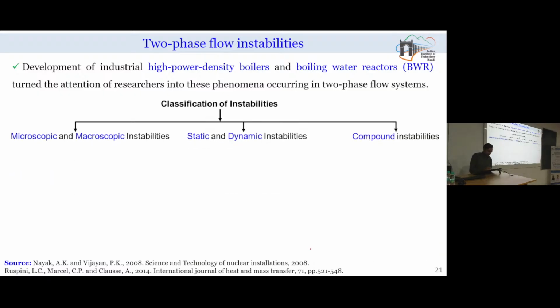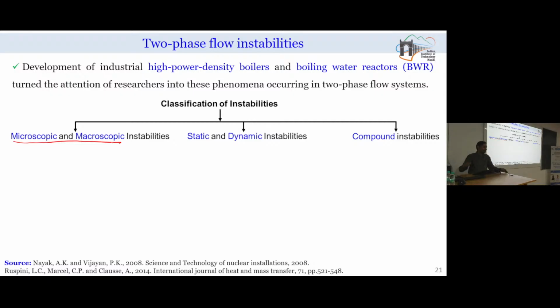Some of these instabilities are mainly classified as microscopic and macroscopic instability. Microscopic instability means, if you have an evaporator, whatever instabilities develop because of bubble formation, such as the waiting period of the bubble, or due to such microscopic issues, come under the scenario of microscopic.